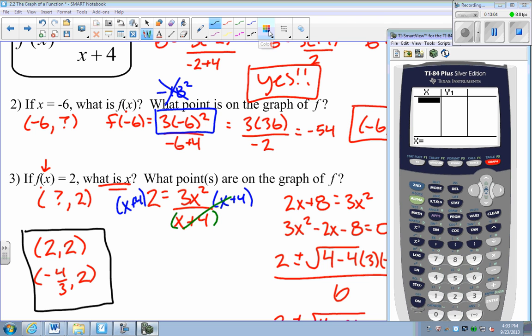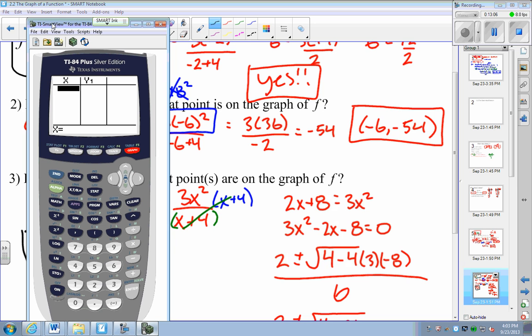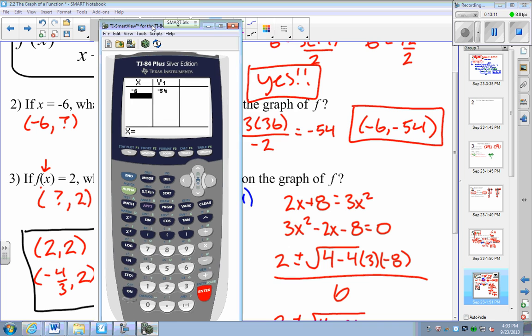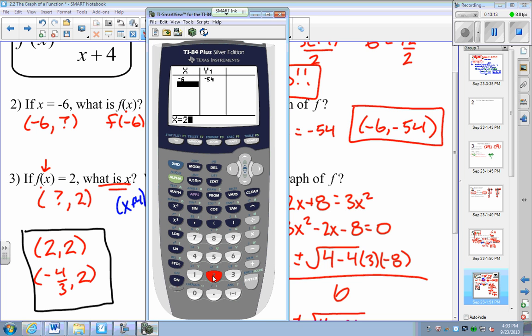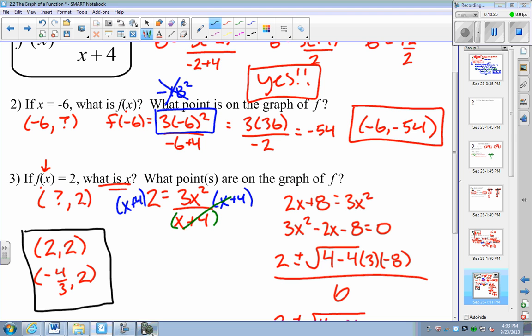So if I think negative 6 gives me negative 54, I know I did that right. And then my last 2 things over here, when I plug in a 2, I get a 2, and negative 4/3, I also get a 2. So one nice thing about this, you can check every single answer.